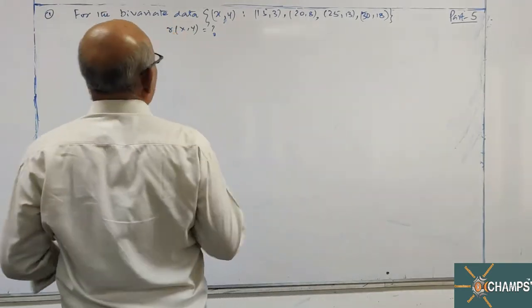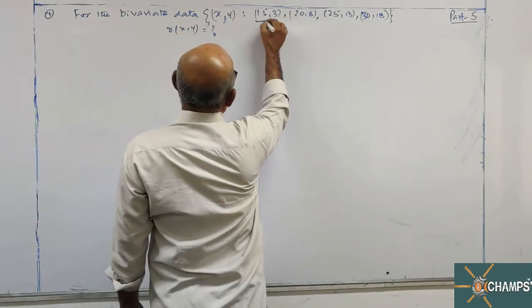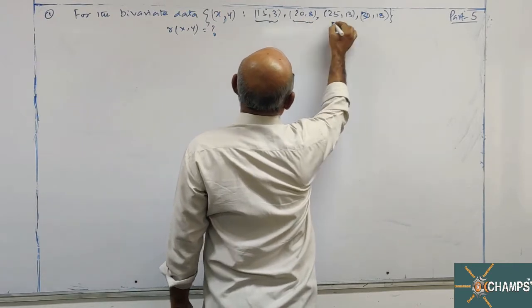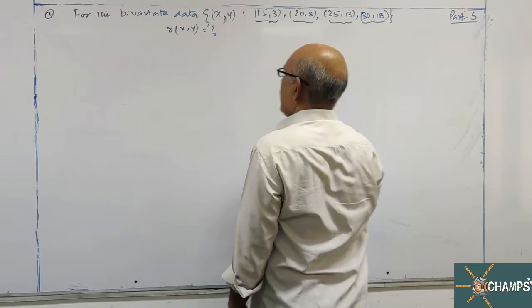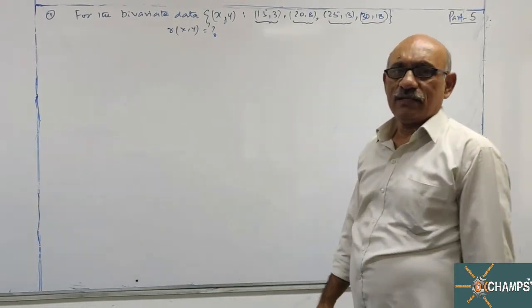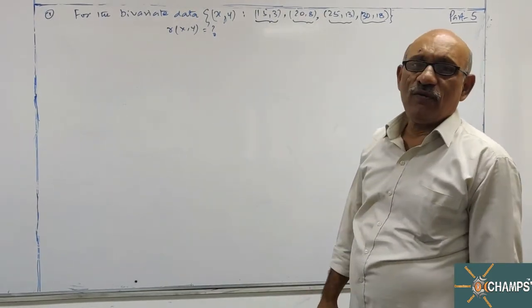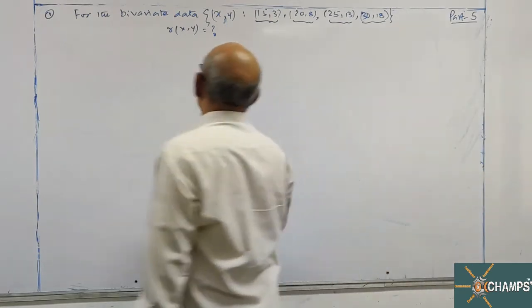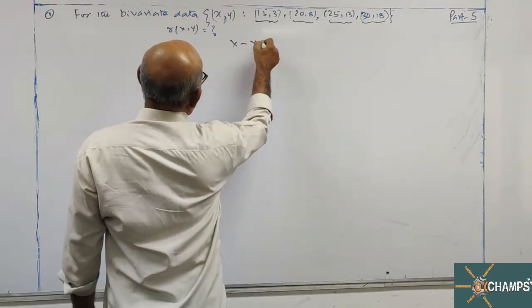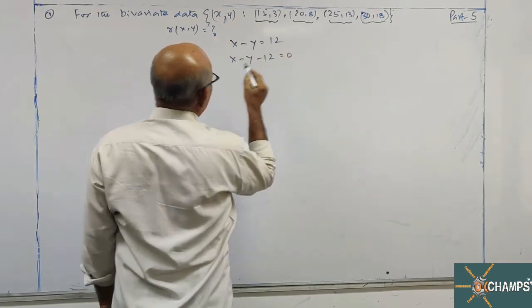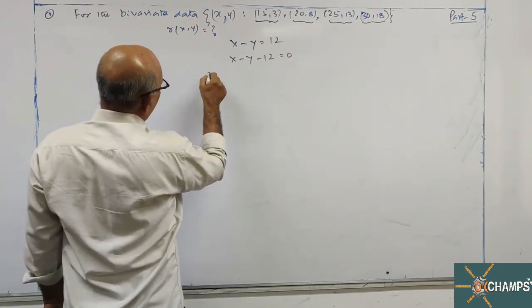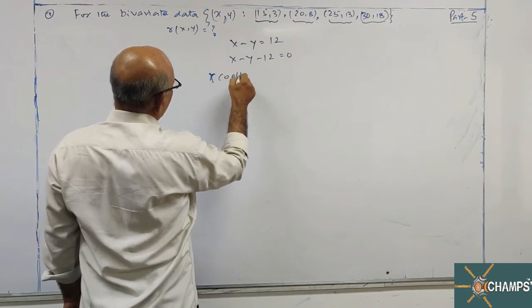Now, the difference of two variables in each bracket is a constant. So x minus y is equal to 12. X minus y minus 12 equal to 0. X coefficient is positive.